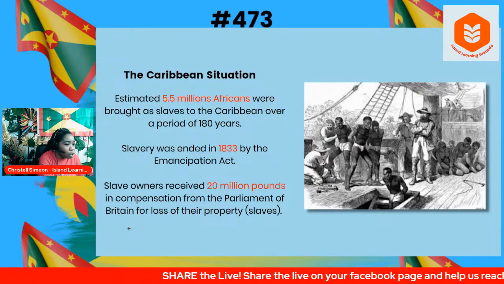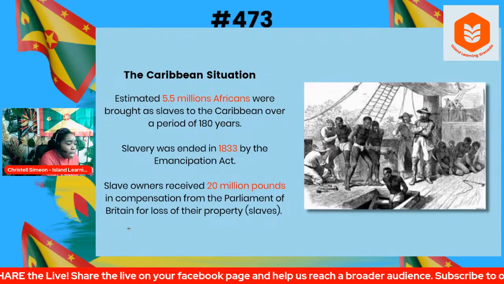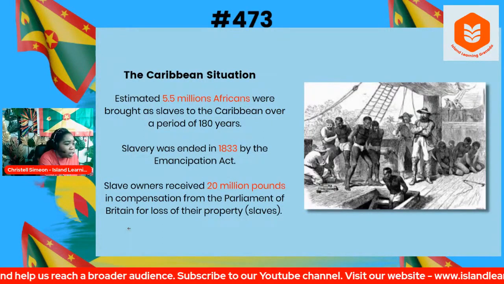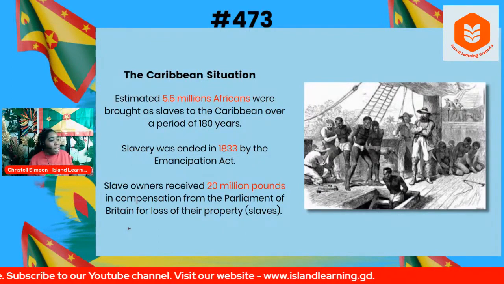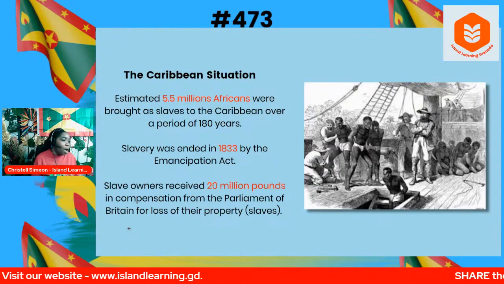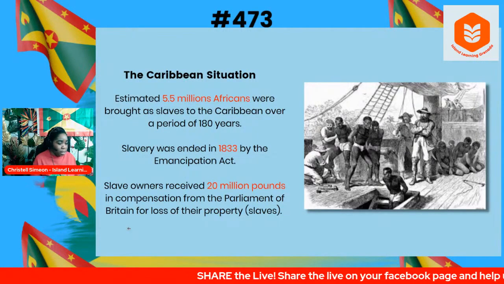They still had to work on the sugar plantation, but it was not as rigorous as the days of slavery itself. So officially, full emancipation was achieved in 1838 for slaves. Our ancestors got their full freedom in August 1838.